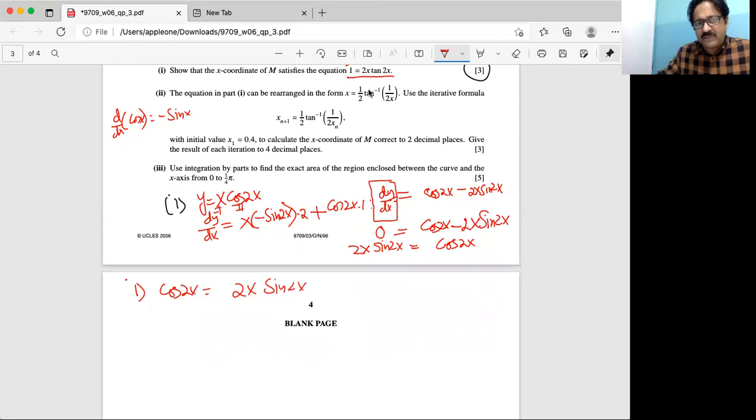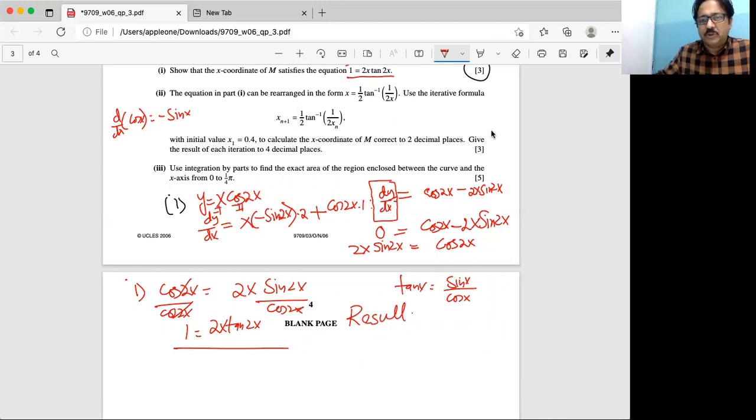They want 1 on this side and 2x tan 2x on that side. To generate tan 2x here, remember tan x is sine x over cos x. So dividing both sides by cos 2x, I get 1 is equal to 2x tan 2x. That's the result.